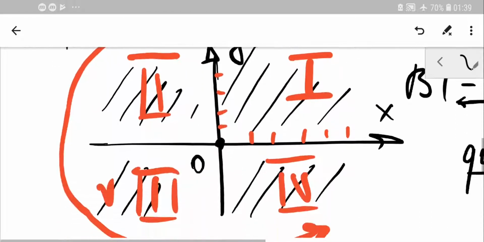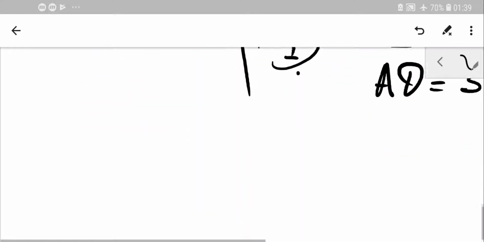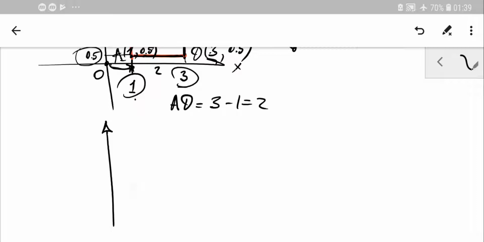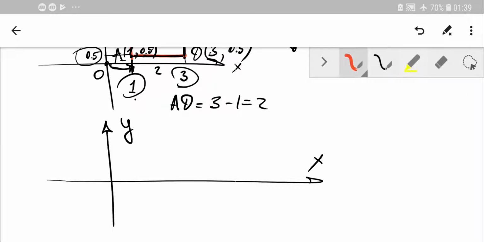So for this reason, we simply draw the Cartesian plane with the y-axis, and let's say we want to define the distance between 2 points. The first point A, the second point B, and we want to measure, not actually measure, but calculate.